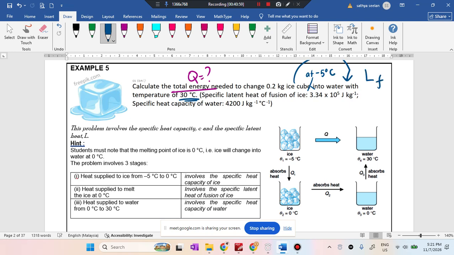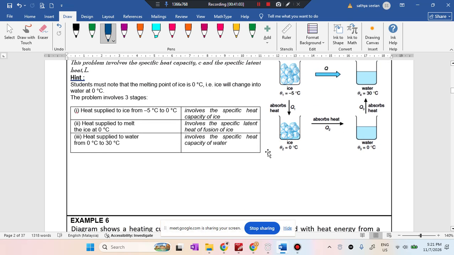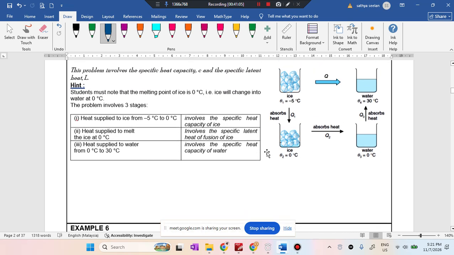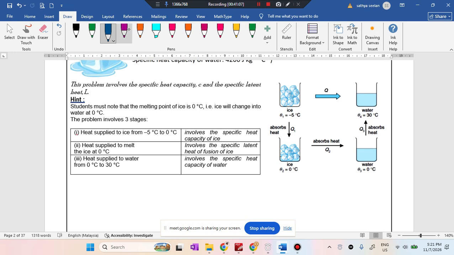So this is latent heat of fusion. Okay, jadi you kena divide the stage into a few stages. Mula-mula dia ice at negative 5 degrees Celsius. Lepas tu dia masih lagi ice, tapi dekat sini 0 degree Celsius. At the same temperature, it become water at 0 degree Celsius.